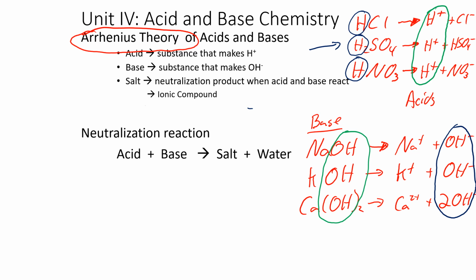Neutralization says that you get an acid plus a base, and it typically makes salt and water. And you don't always have to have this. You could have KOH, but we'll put our acids first.